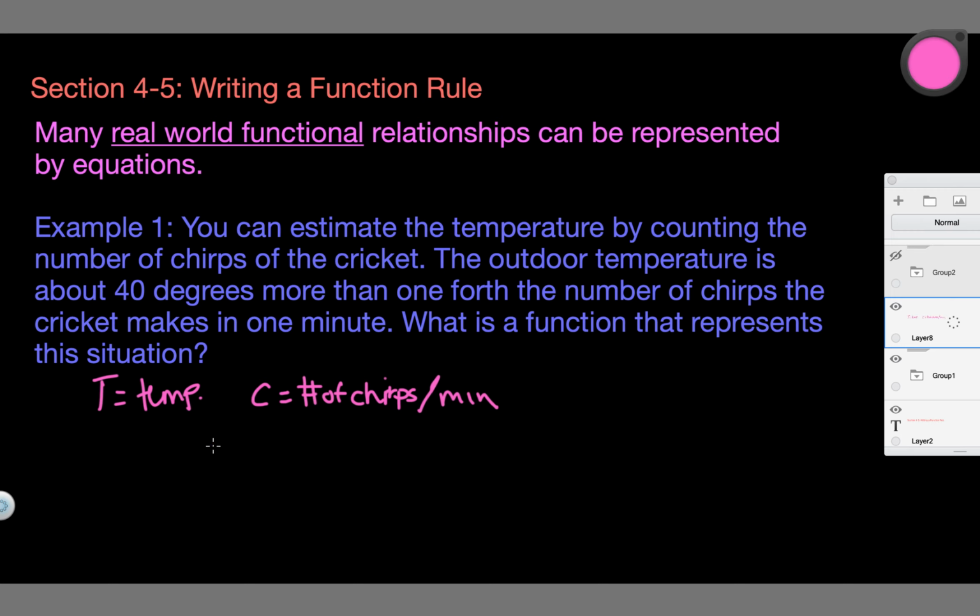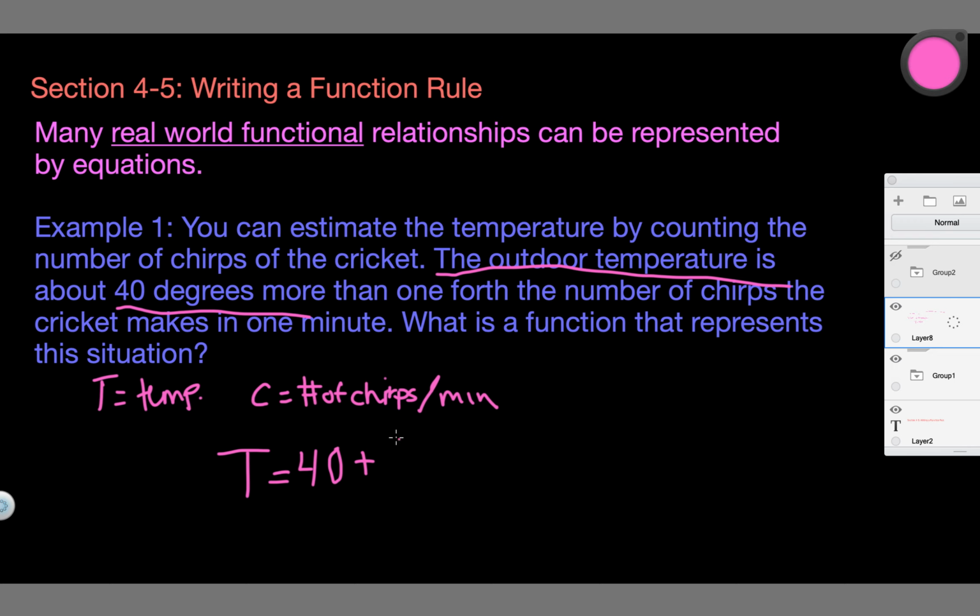So the sentence that really is going to help us is this one. It says that the outdoor temperature is, so the temperature is, so doesn't that mean T equals? Yep. Is about 40 degrees more than, 40 more means 40 plus, 40 more than 1/4 the number of chirps.